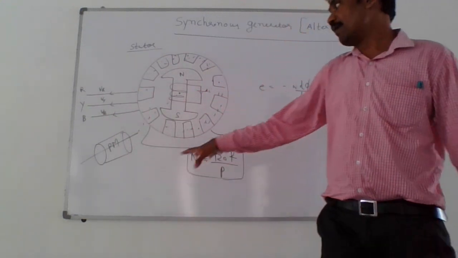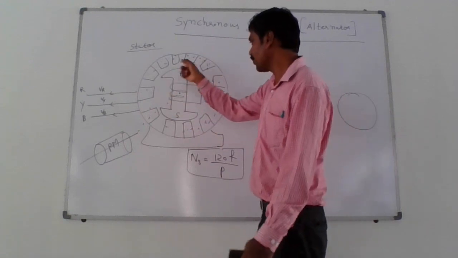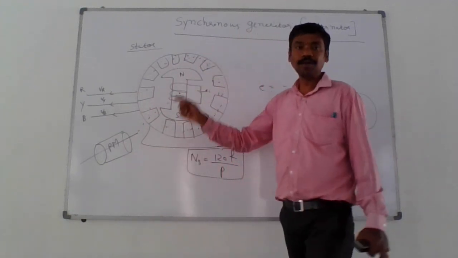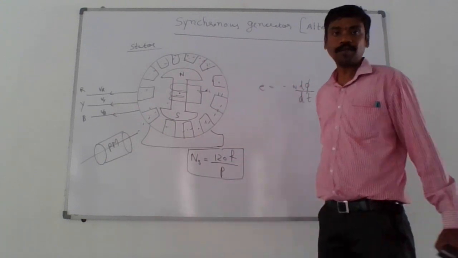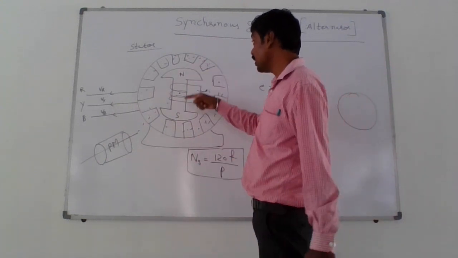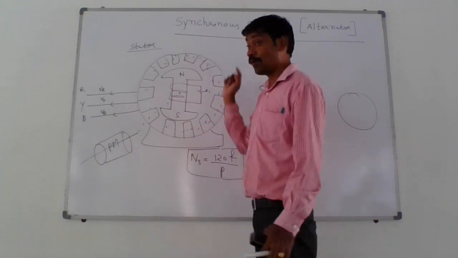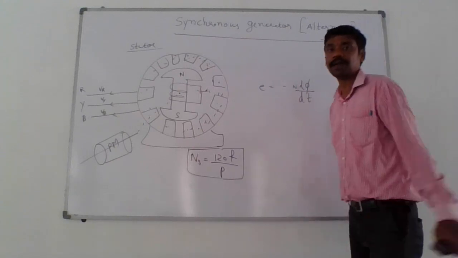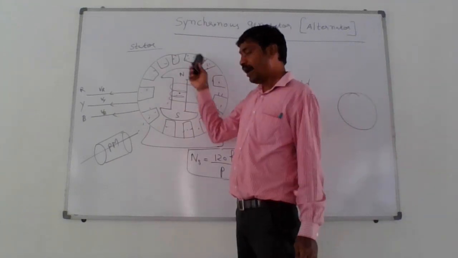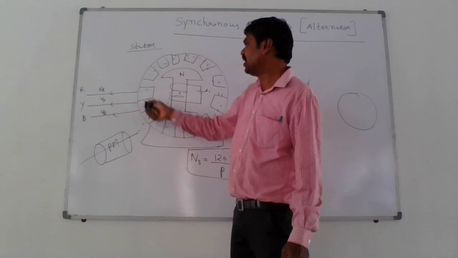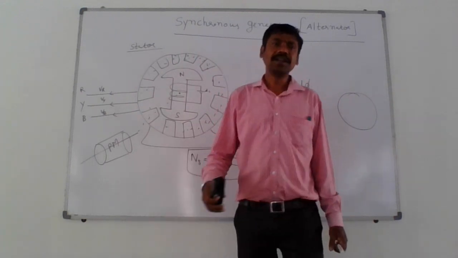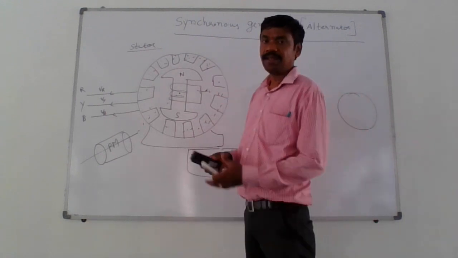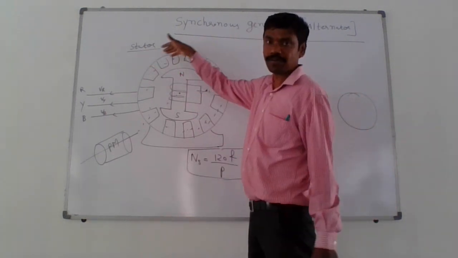When you give a mechanical power input, the rotor rotates at synchronous speed. DC supply is given to the rotor, therefore the corresponding north pole and south pole are produced. These poles are rotating at synchronous speed. You can say for the field winding, the north pole and south pole flux is also rotating at synchronous speed. This rotating magnetic field is continuously cutting the conductors present in these slots.